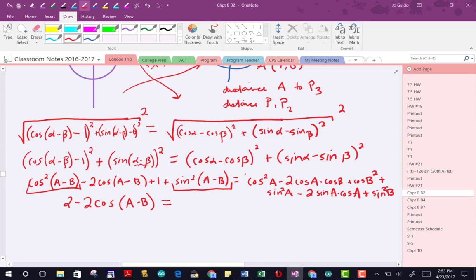Cosine squared of B plus sine squared of B is 1.